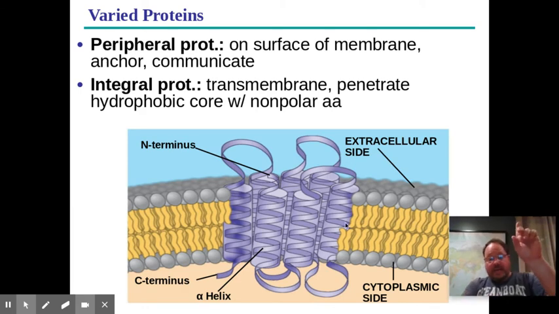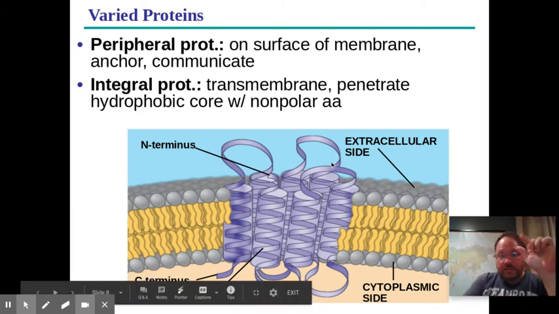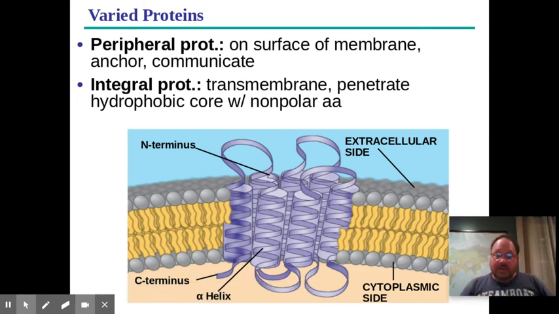But on the ends, here, the loops that are on the exterior or interior of the membrane, you can guess that those R groups are hydrophilic. So again, the proteins are stable because of the R groups in the amino acids that make up the protein.